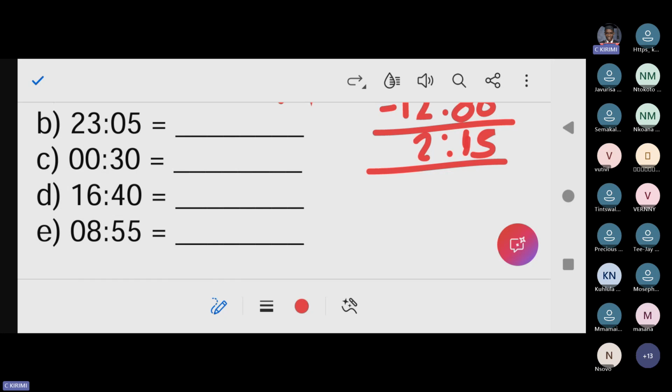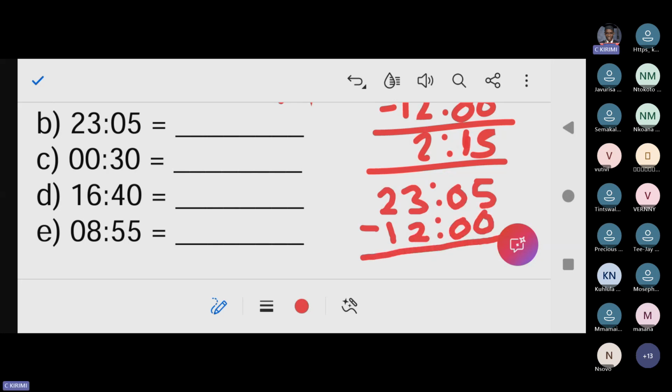We write the time which we are given in 24-hour format. We want to know it has passed 12 midday, or 12 in the afternoon, by how many hours? So we subtract. That's 5, 0, and then 3 minus 2, 1, 1.